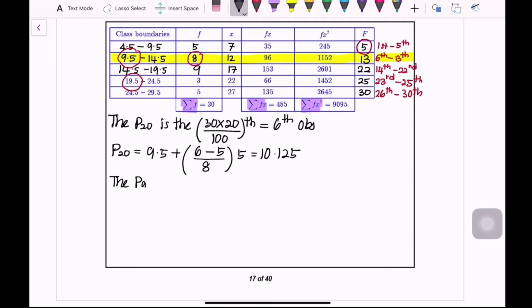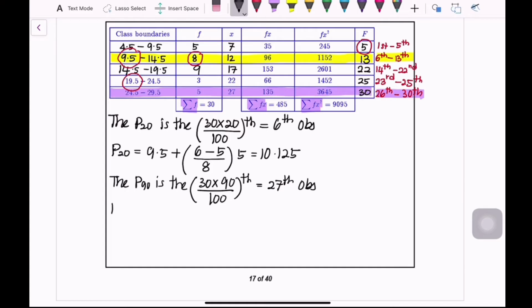The P90 is 30 times 90 over 100 observation, which is equal to 27th observation. The 27th observation is located here, so we highlight the class of P90.